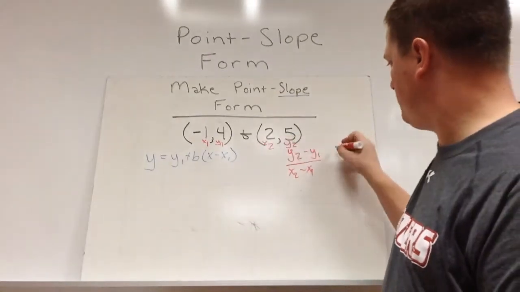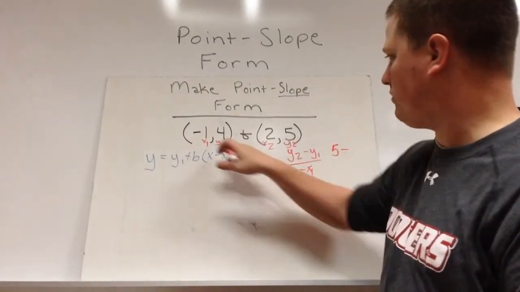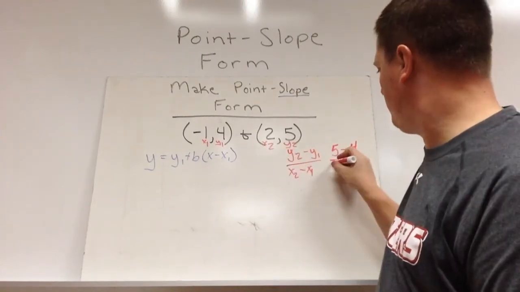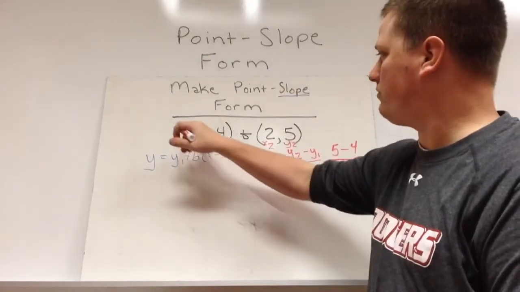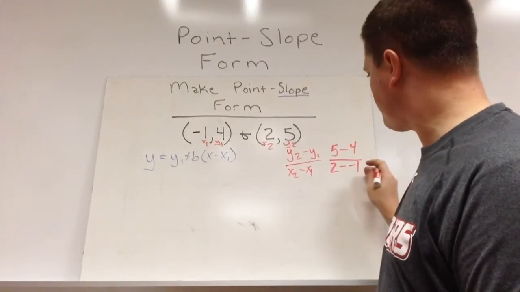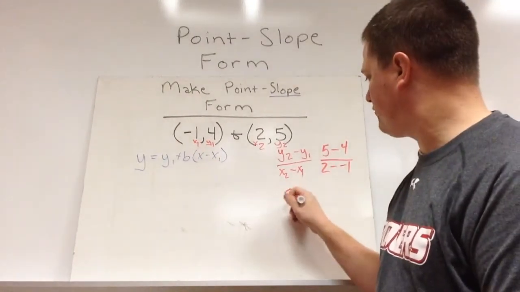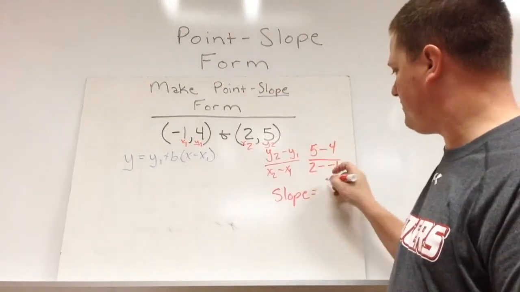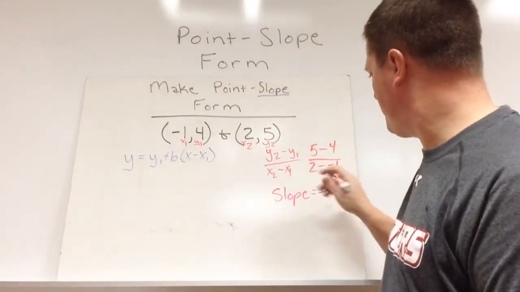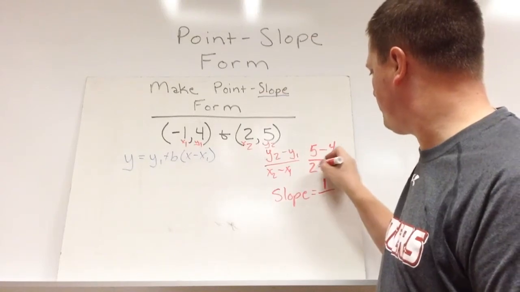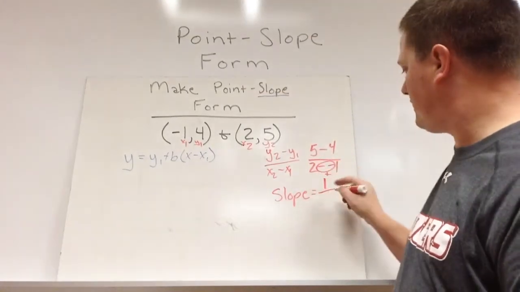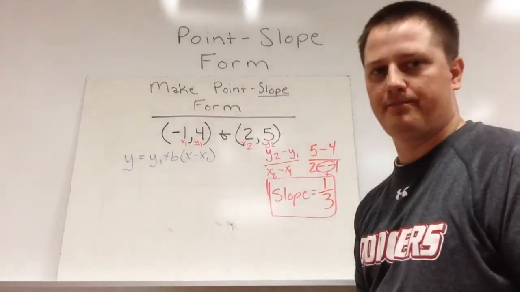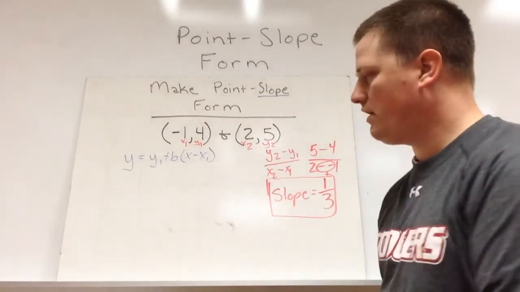So y2 gives us 5 minus y1 of 4, over x2 of 2 minus x1 of negative 1. What we get here for slope is 5 minus 4, which is 1, over 2 minus negative 1, so that's really plus there, which is 3. So we have a slope of 1/3, and that can't be reduced, so we're going to use 1/3.